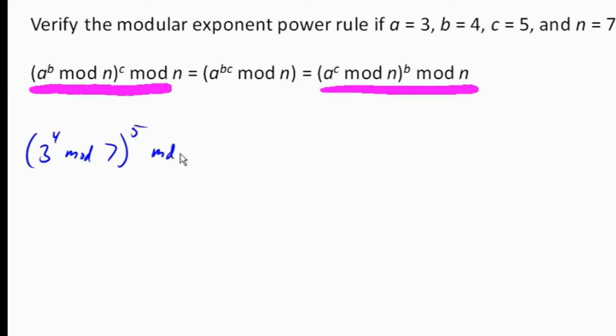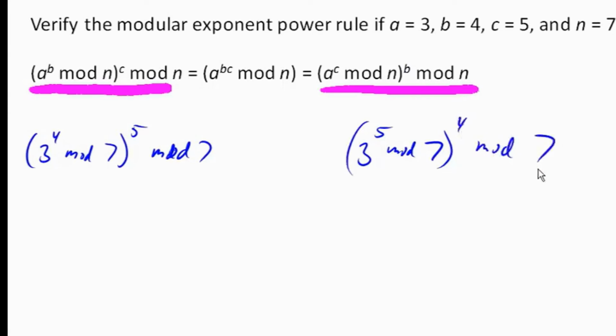We're going to compare that to 3 to the 5th mod 7 to the 4th mod 7. The theory behind this is that even with the modulus, these things behave like exponent rules do. That you can multiply your exponents together, which means you can change the order, which means you can pull it out like that. And we're just going to verify that this does in fact work in the modulus world.